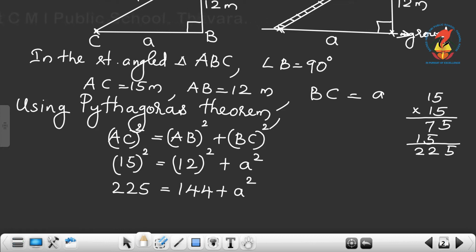Now we have to find the value of A. So we can write this expression as A square plus 144 equal to 225.